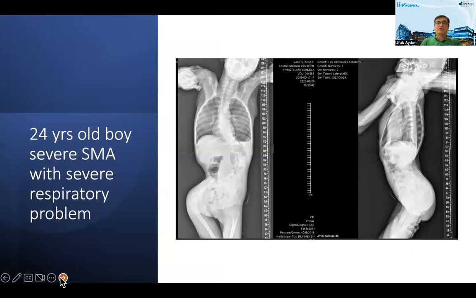So I will show you some of my cases again. This is a 24-year-old boy with severe SMA, with severe respiratory problems. He is from outside of my country, and they went to different countries to ask for surgery. But the patient has a severe respiratory problem.